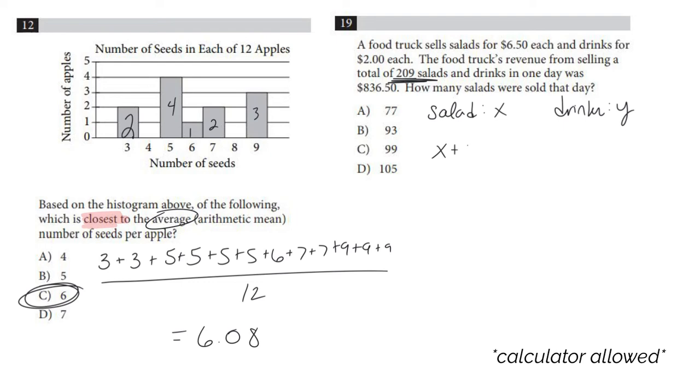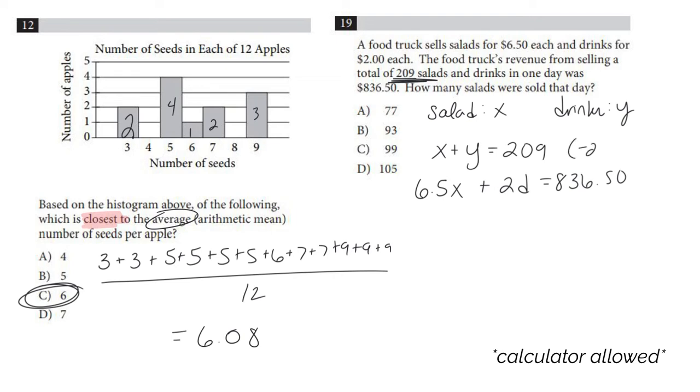I don't know anything about which is which or how much of each, but I know that together, if I add up all the salads and I add up all the drinks, that equals 209 things sold for the day. I have $6.50 for a salad and $2 for a drink is going to equal $836.50. This is a system of equations problem, but you have to set it up.